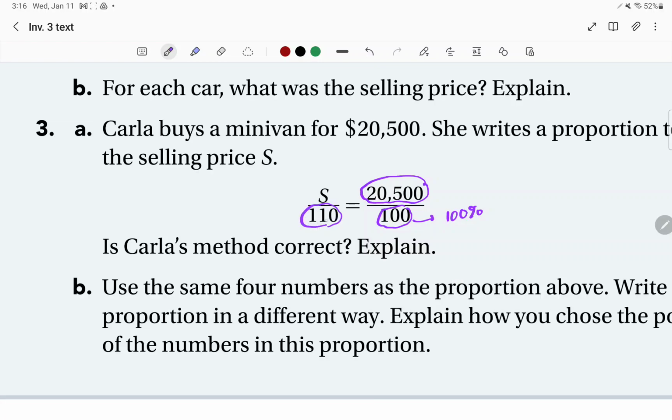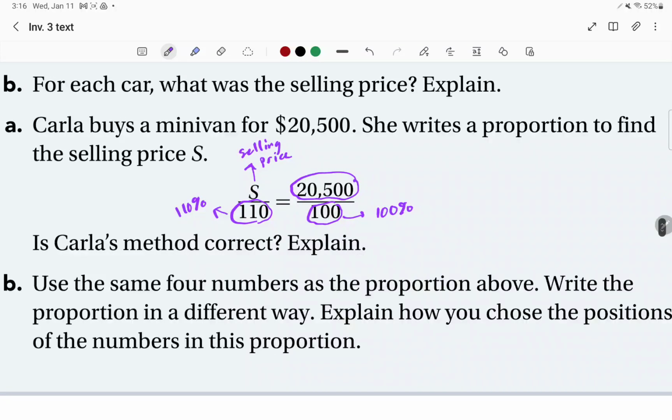So this represents that plus 10%, which is 110%. And this is the selling price. So if you solve this proportion, you will get what your new selling price would have to be. So let's go ahead and do that. When we cross multiply, you remember how to cross multiply?